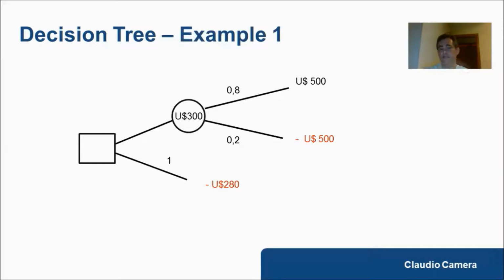You have in the first choice an expected value of $300. While in this other point, the option you have, you certainly know that you lose $280. So there is no doubt that you should choose choice A, where you have an expected value of $300.